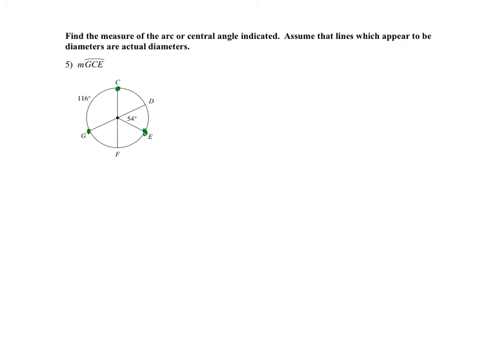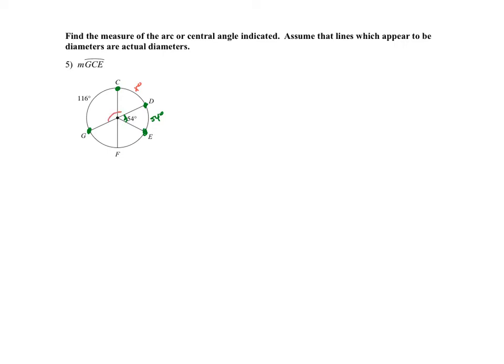I know that this arc here is 116. I know that arc DE is 54. Why? Because the measure of the arc equals its central angle. So now I just need to find this arc right here to find the measure of arc GCE.